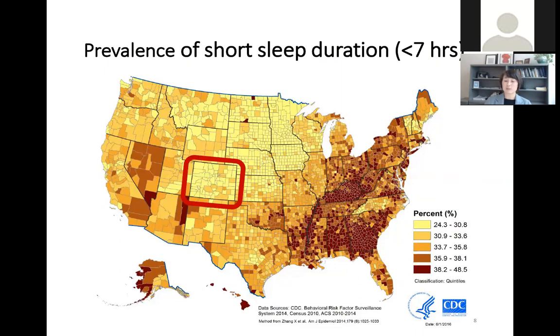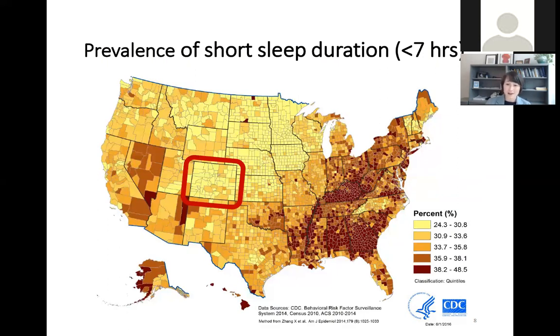Another reason why I think we see it concentrated in this area, and you tend to see this throughout some of the other counties within the U.S., is that there's an association between sleep and poverty as well. There are some really interesting anecdotal reports that in high crime areas, police departments will put up floodlights to try and deter crime.